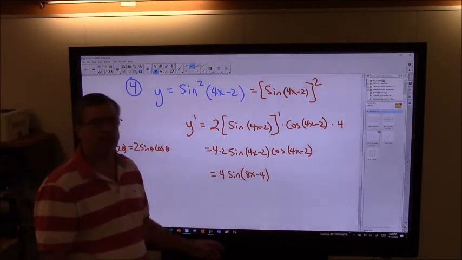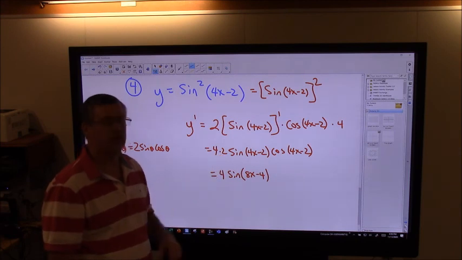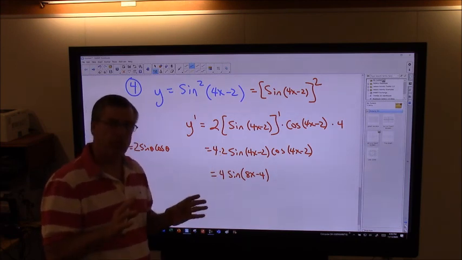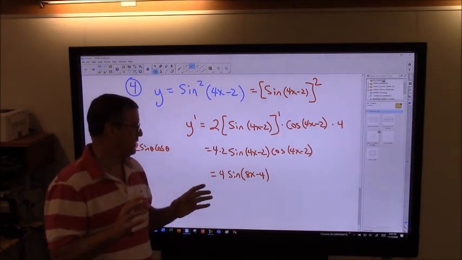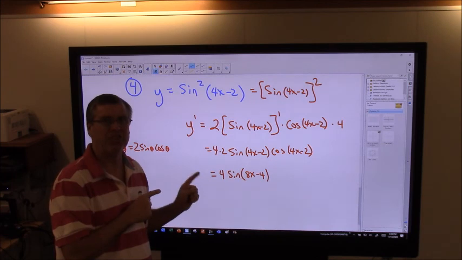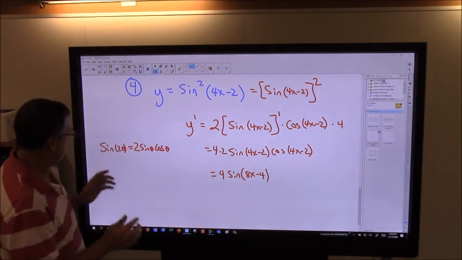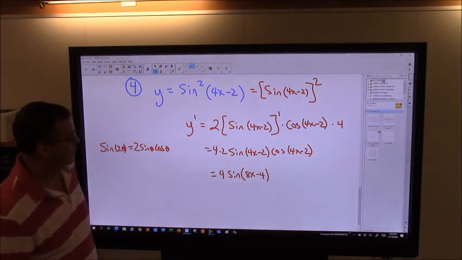This is where I think COVID kind of hits us, because you guys would look at that and go, oh, okay. If it was a normal spring semester last year, I don't know if we're doing that. I wish I could see you guys right now to see the reaction on your faces. If that double angle makes sense to you and you can see that, I think that's great.